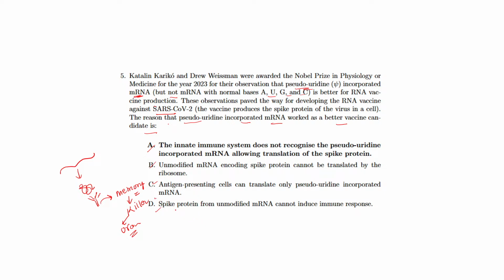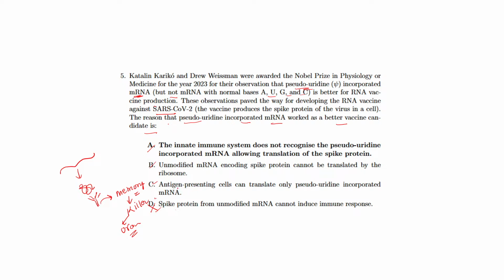The last option says that spike protein from unmodified mRNA cannot induce an immune response. So this option goes wrong because it is telling that the mRNA with this modification is a better vaccine. So this option cannot work over here. The third option says that antigen presenting cells can translate only pseudouridine incorporated mRNA.